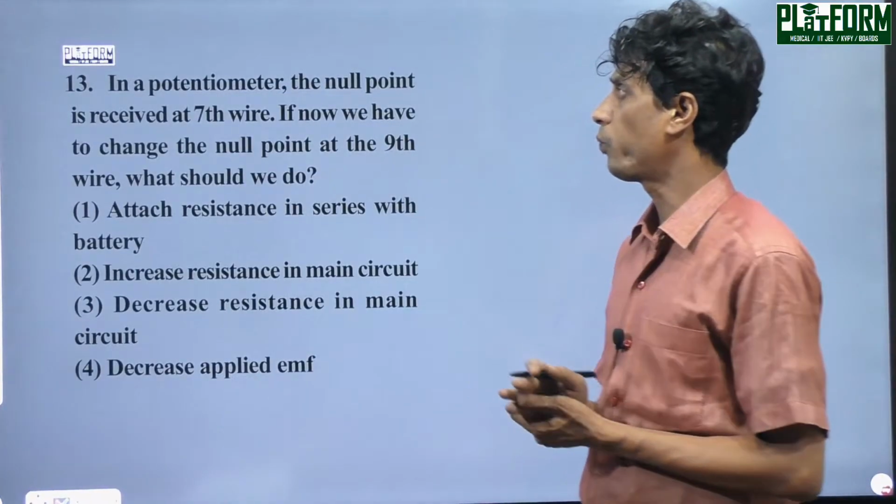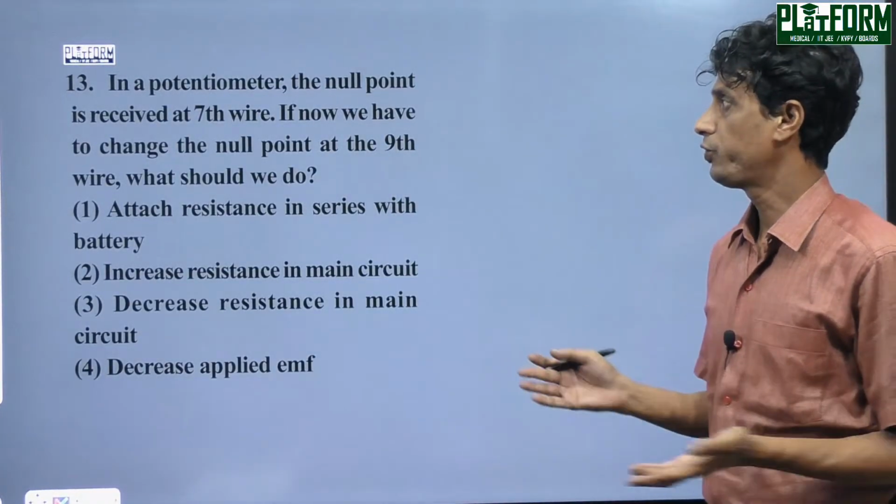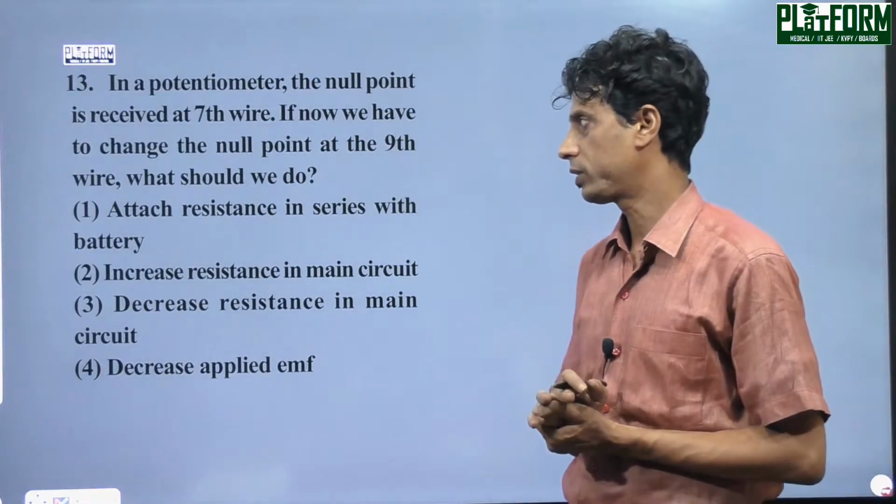In a potentiometer, the null point is received at 7th wire. If we have to change the null point to 9th wire, what should we do?